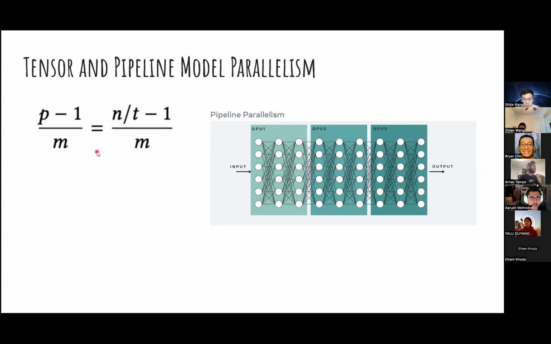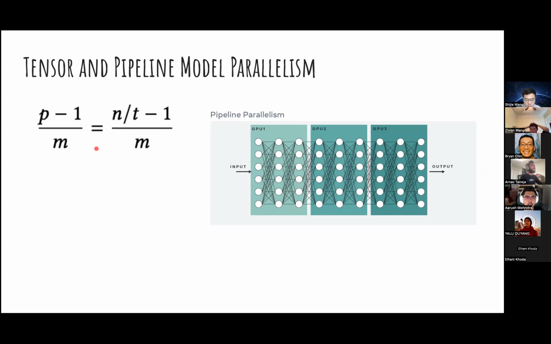So as I introduced before, P minus 1 whole divided by M is the bubble time. What you must also remember is in our setup, the number of GPUs, which is given by small n, is actually equal to the multiplication of all three parallelization dimensions, which is P times T times D. Since we're not using data parallelism here, we can set that dimension as 1, which will give us P times T is equal to n.